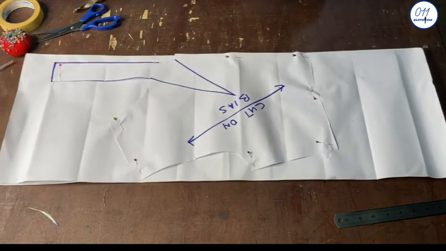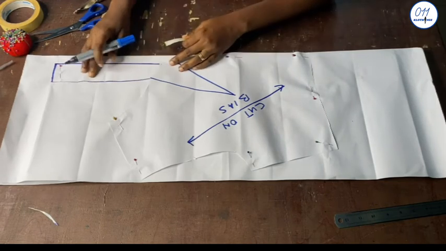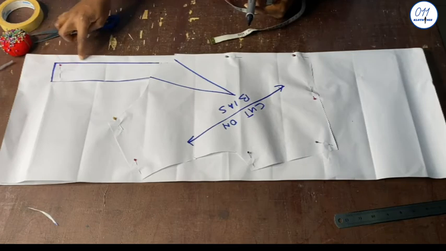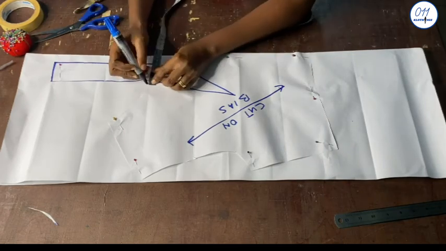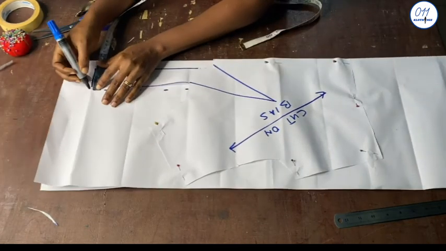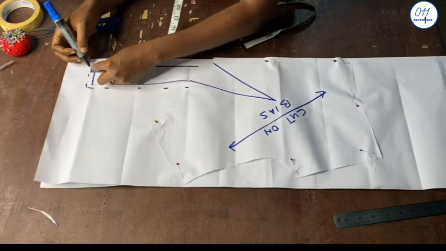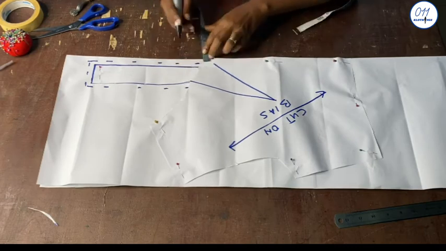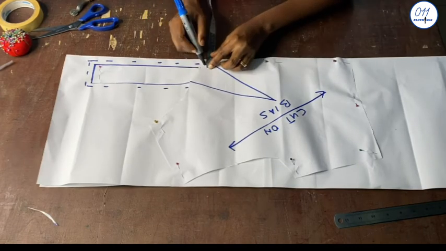But first, I need to add about 1.5 centimeter seam allowance to the tie strap. So I will add the seam allowance like this, all around the tie strap, down to the area that was cut out at the neckline.